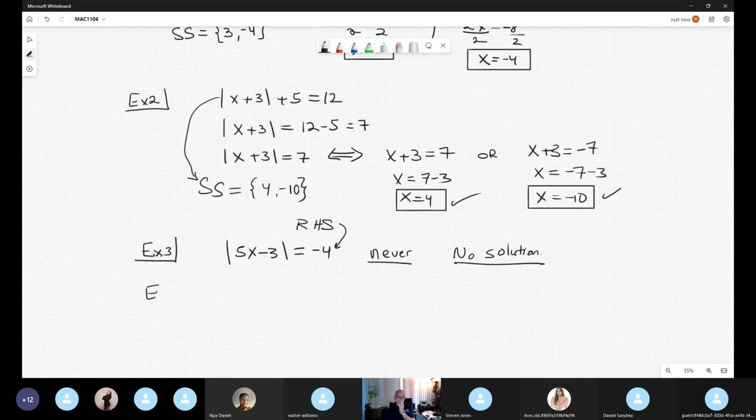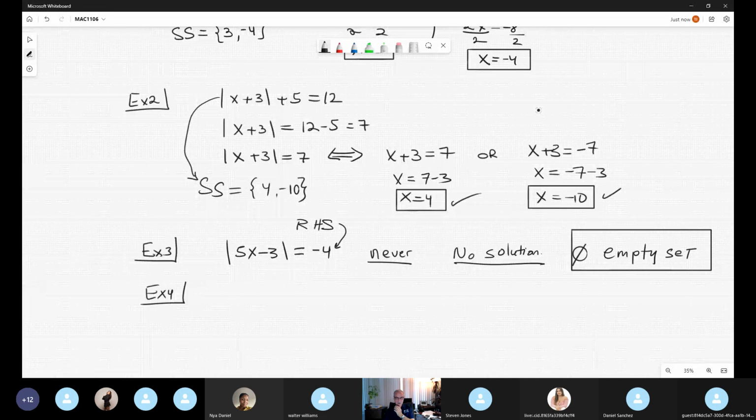Do you understand the idea why no solution? No solution in mathematical language is sometimes better written using this symbol that looks like a zero with one slash, the empty set. It's equivalent to no solution in common language. It's the same.